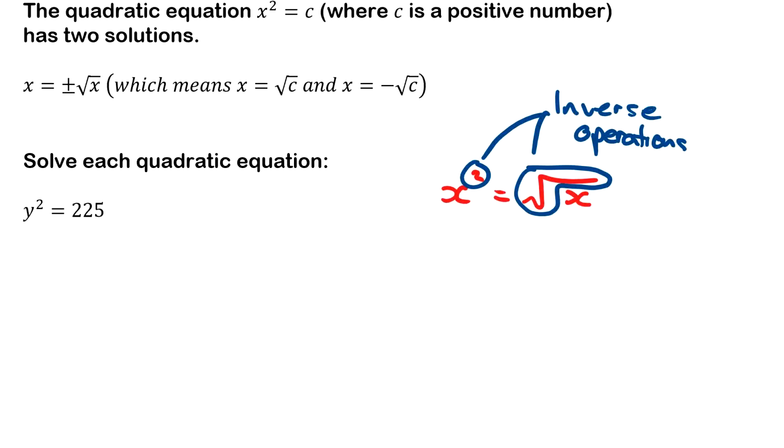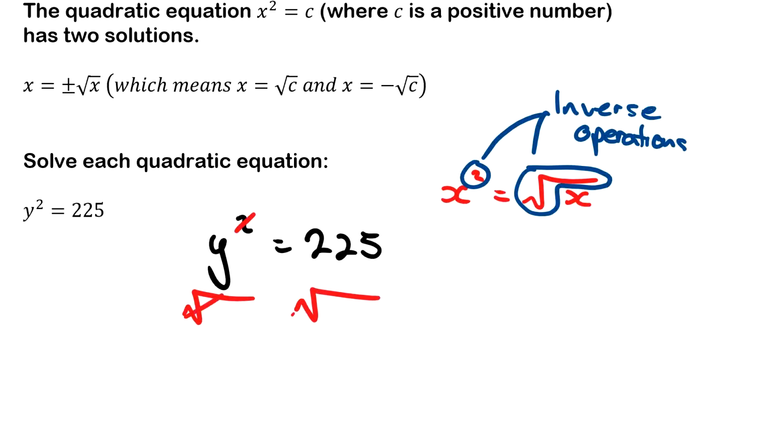So if we have y squared equals 225, I need to square root both sides. That would cancel that out, and I'm left with y equals the square root of 225.